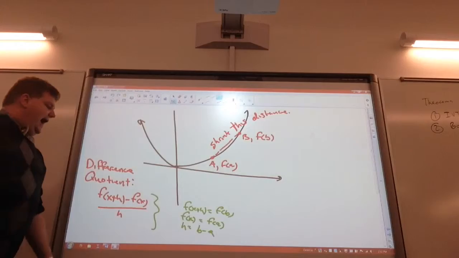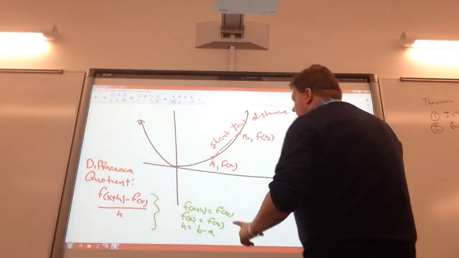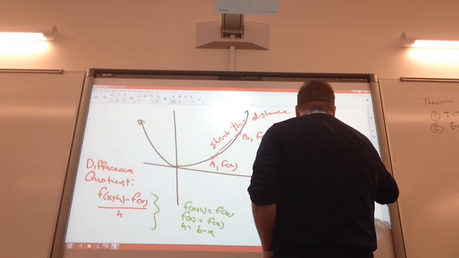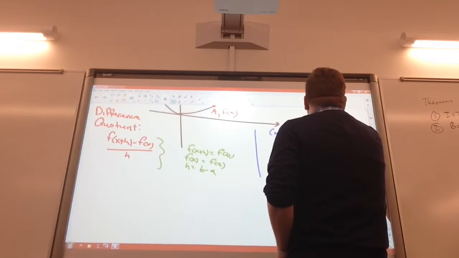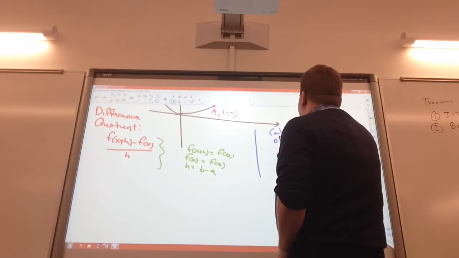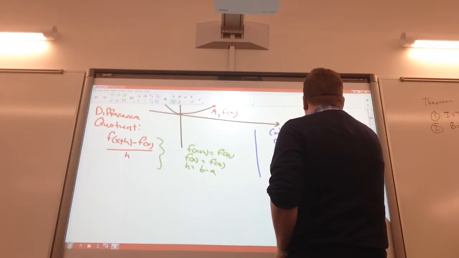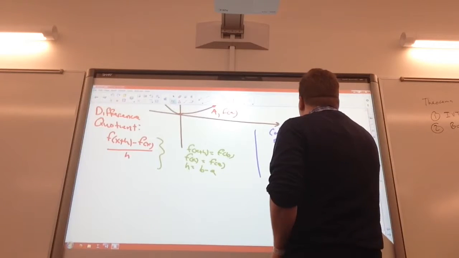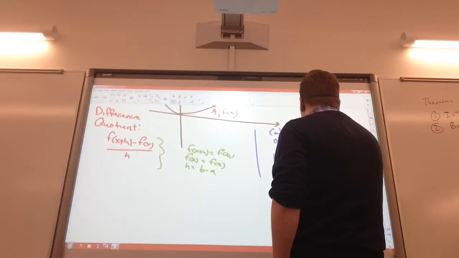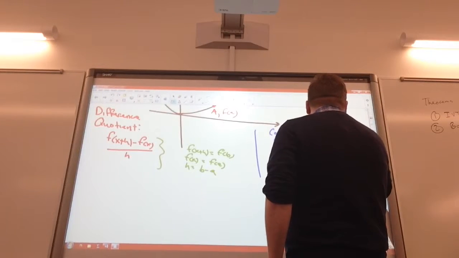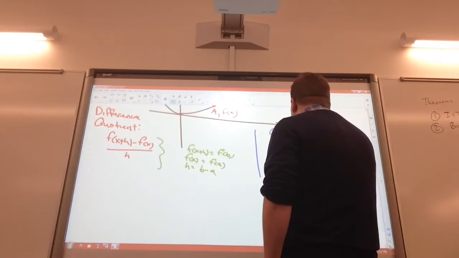I can now calculate the slope of a tangent line at A by taking the limit of the DQ as h goes to 0.